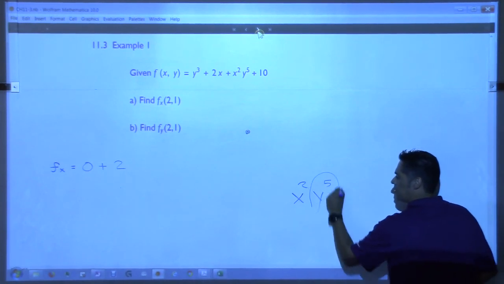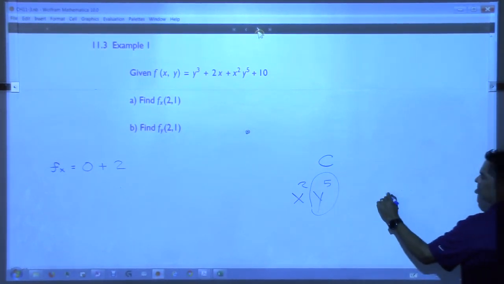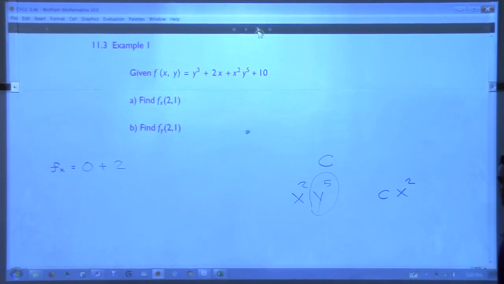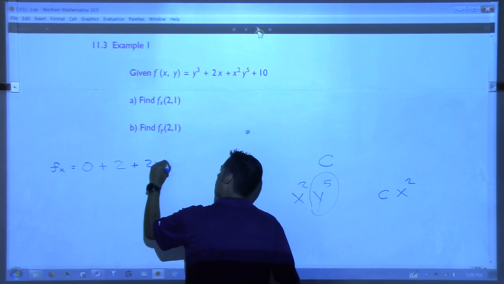Remember, this is like a constant, isn't it? So if I said a constant times x squared and asked you for the derivative, you would just bring the constant along. You wouldn't do anything with it. So the 2 is going to come out here and you'll just have 2x, but you'll still have the y to the 5th. So this next piece right here will be plus 2x y to the 5th.